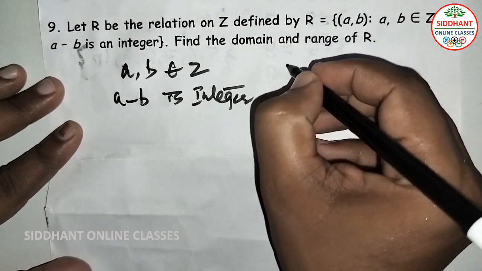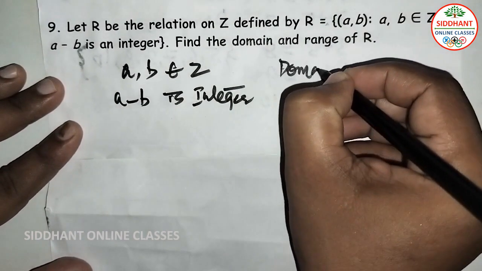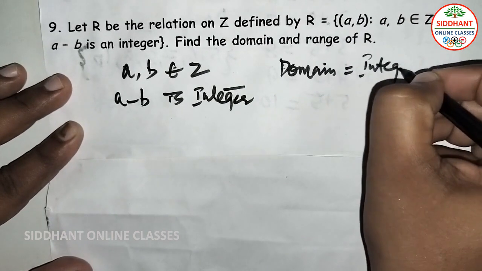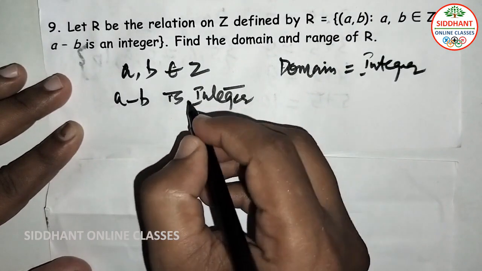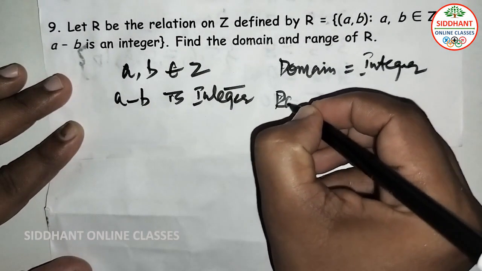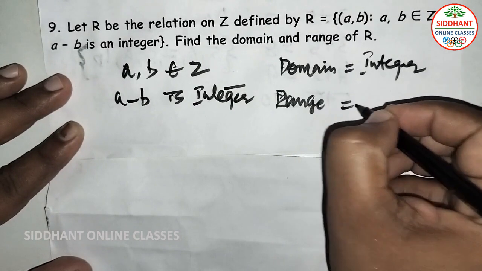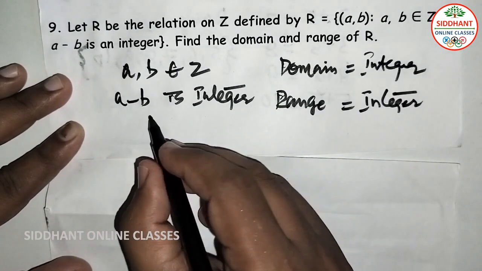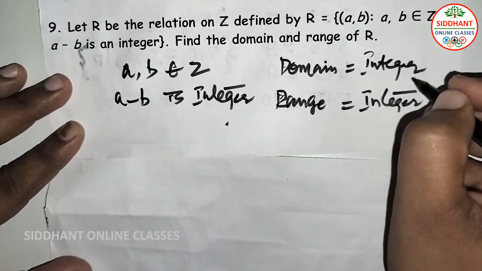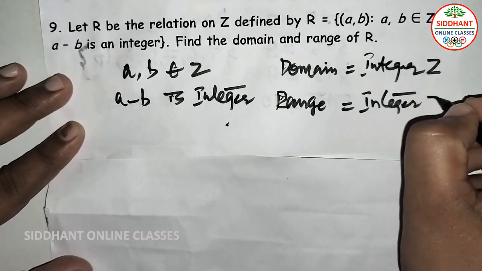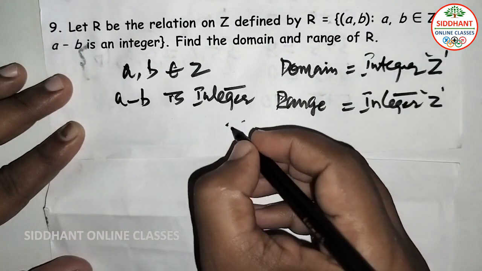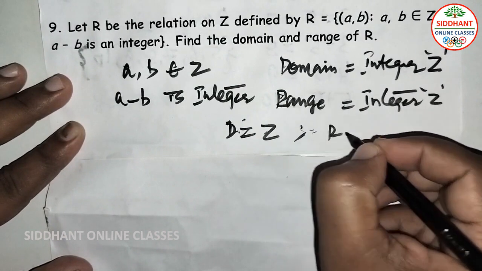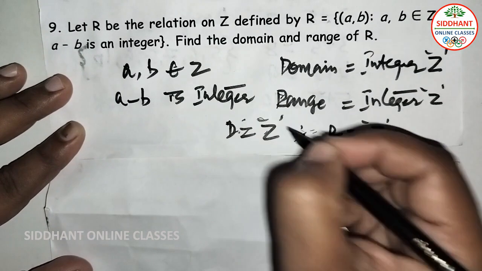So here the domain will be integers, and the range will be integers, because in the given data a minus b is an integer. So integers are denoted as Z here. So the domain is Z and the range is Z here.